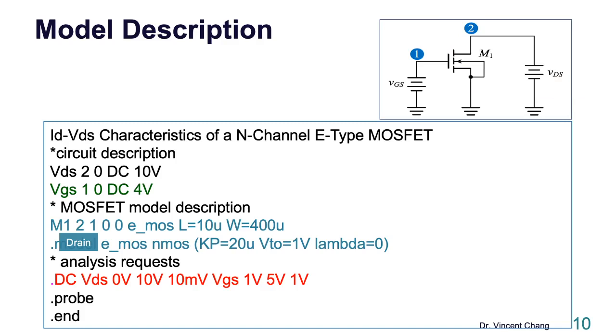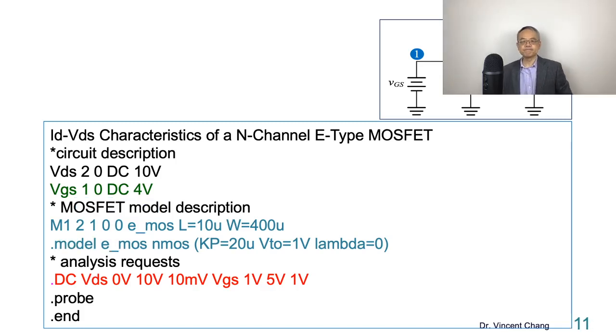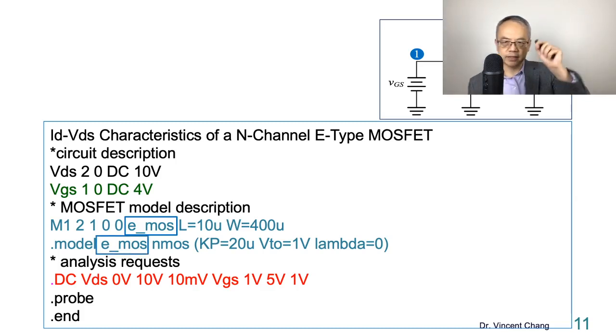The 2, 1, 0, 0 correspond to the drain, gate, source, and body, respectively. And then EMOS is the name of the device, and the model description follows: .MODEL EMOS.